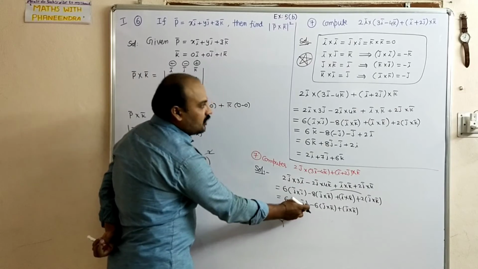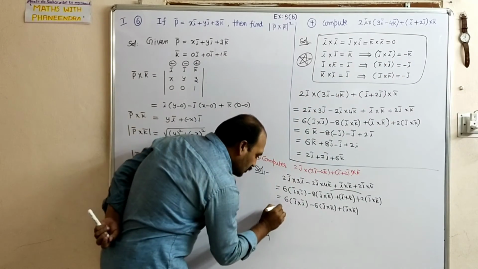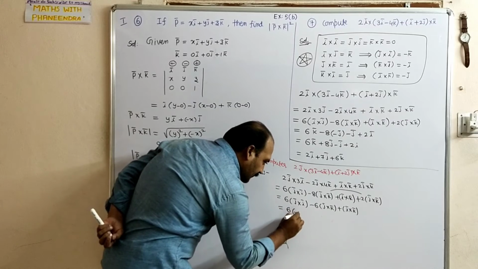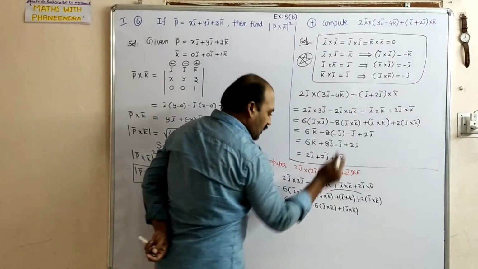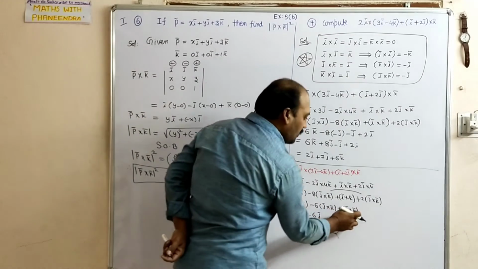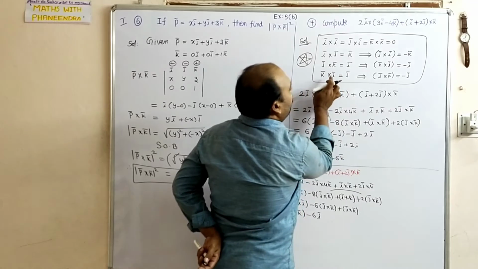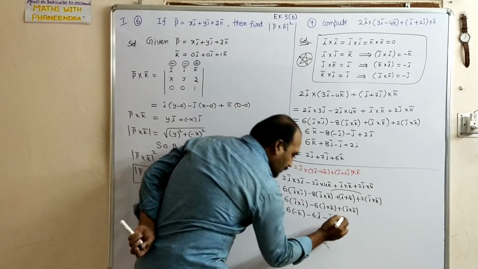Now j bar cross i bar means what? Minus k bar. So 6 into minus k. j bar cross k bar means i bar, so minus 6i. i bar cross k bar is minus j, so minus j bar.